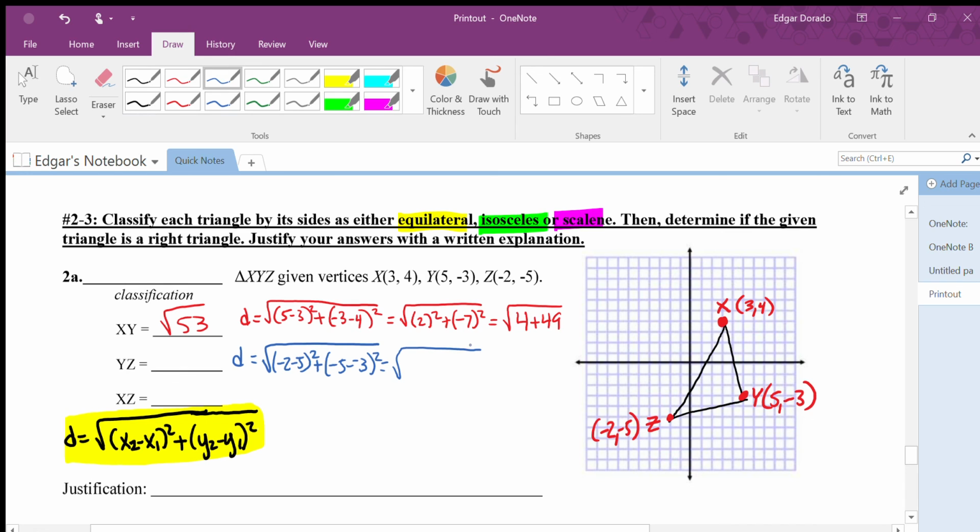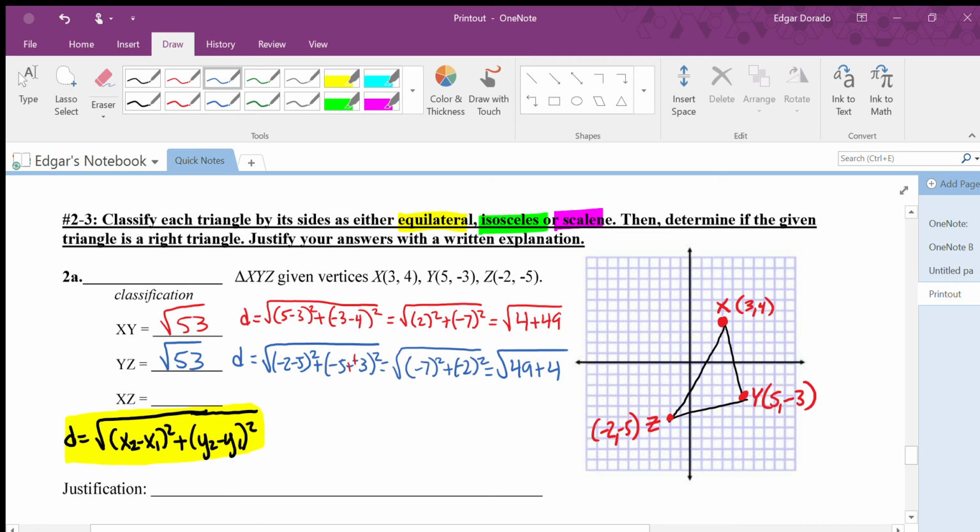This is going to be negative 7 squared plus, well, negative 5 minus the negative 3 is really plus 3. So this is going to be a 2 squared. Negative 7 squared is 49. 2 squared is 4. And this gives me 53. That is much better.